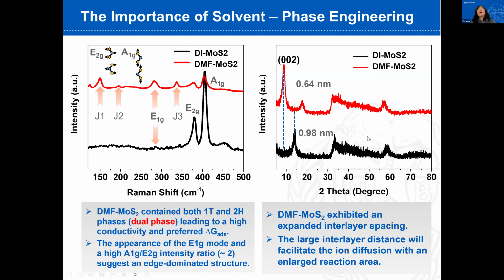But if we have a DMF solution, then the extracted interlayer distance is around 0.98, which corresponds well with the TEM observation. The large interlayer distance will facilitate ion diffusion with an enlarged reaction area, beneficial for the HER reaction.